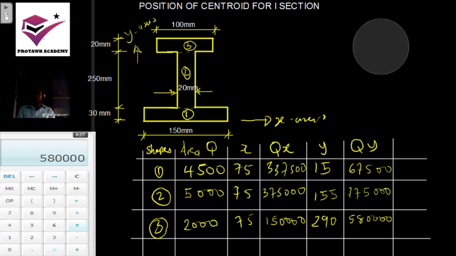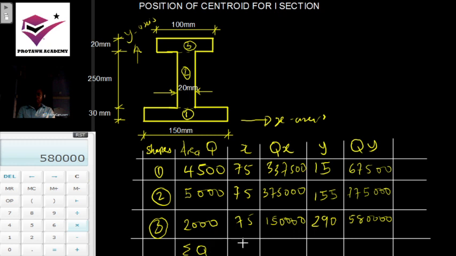Okay, so here we go, here again we pick this. Here we have the summation of q, this is the summation of qx, and this one is the summation of qy.